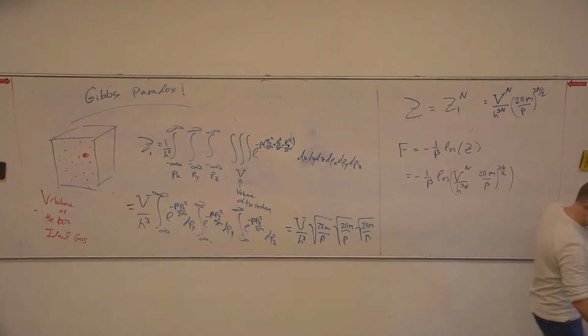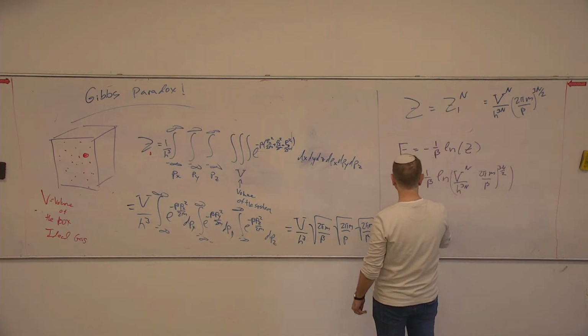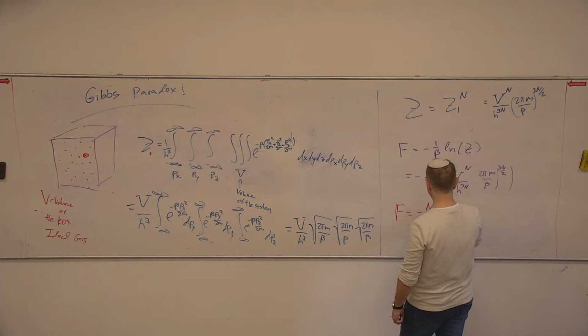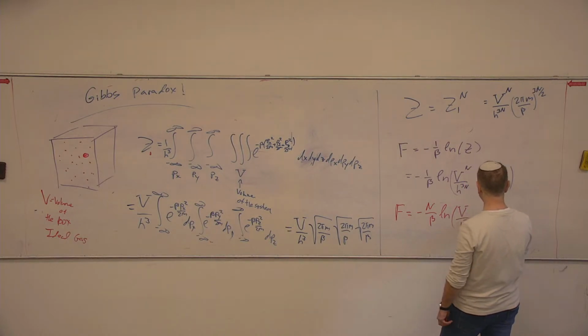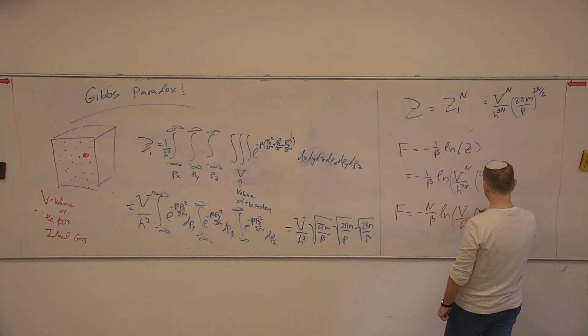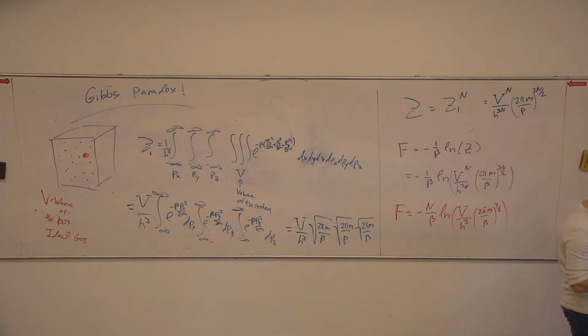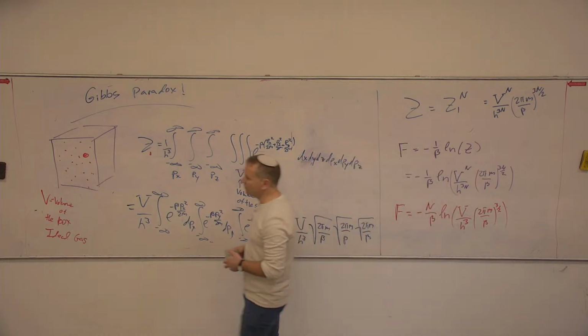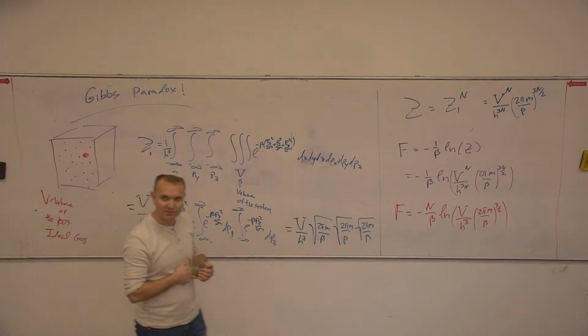Okay? And we'd like to write it down as F equals minus N divided by beta log of V divided by h to the third power, times 2 pi m divided by beta to the power 3 halves. So we write it down, or Gibbs writes it down, and then he starts to scream, this is wrong. What is wrong here?